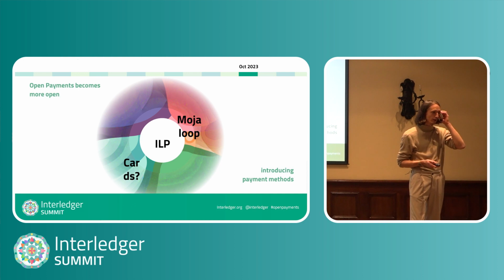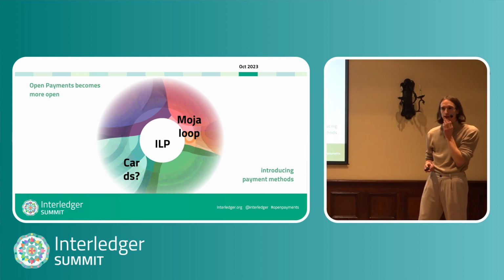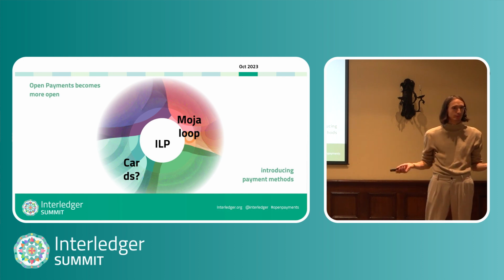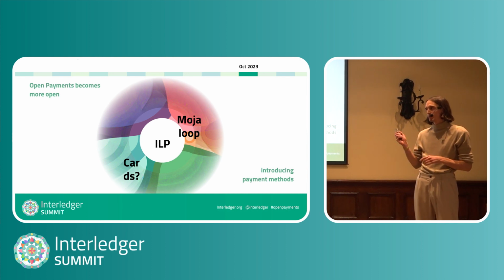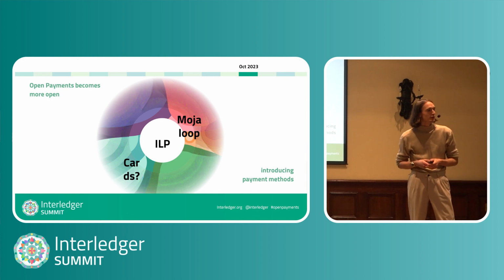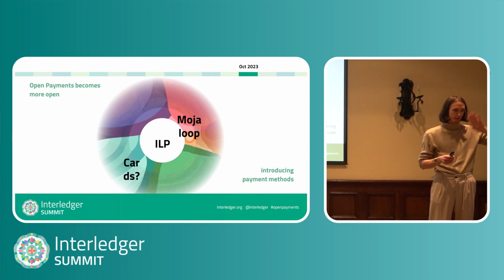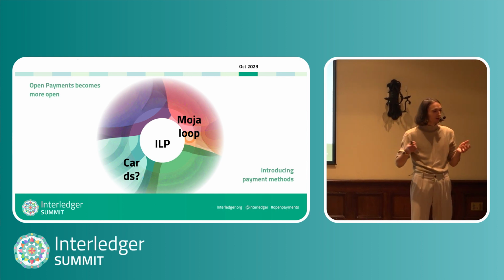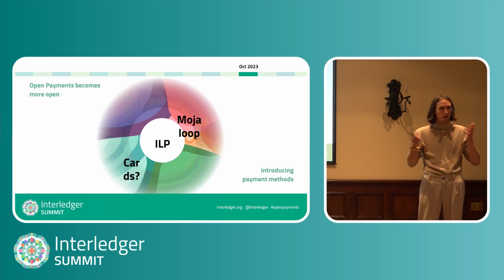Continue on. What I alluded to earlier was another push that we're having in Open Payments, which is making it more open and interoperable. So right now, yes, we support ILP as a payment method, but we want to get to the point where we're supporting more payment methods, for example Mojaloop and cards.